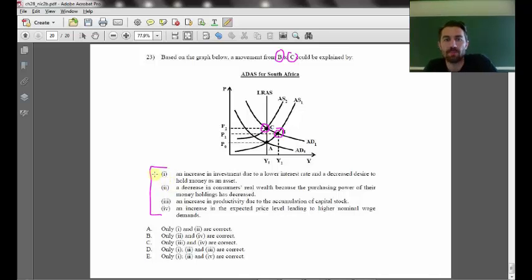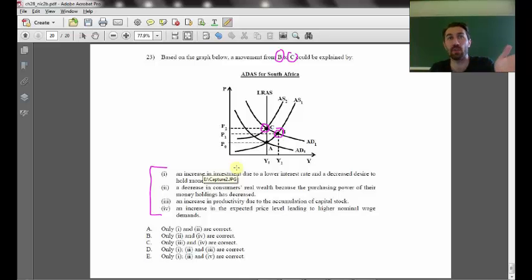Let's look at number one. There is an increase in investment due to lower interest rates and a decreased desire to hold money as an asset. Well, when we move from point B to point C, there's unlikely to be an increase in investment. If anything, there's probably going to be a decrease in investment. And are there going to be lower interest rates? Well, if the price level is increasing, what's that doing to real money supply?